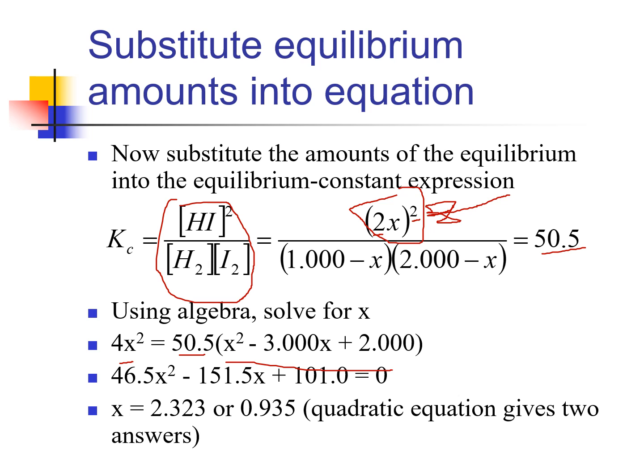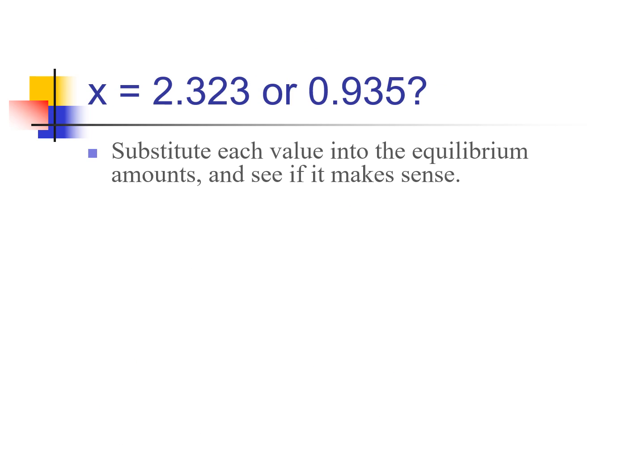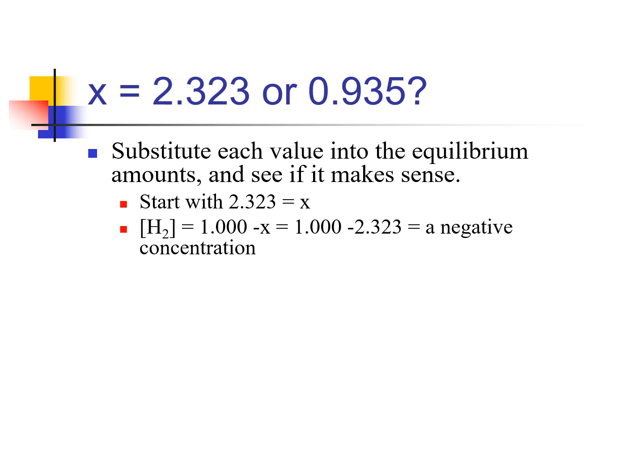Now we have to choose which of those 2 answers. Substitute them into the equilibrium amounts to see if it makes sense. So we know that if we start with the 2.323 as x, remember hydrogen is 1 minus x. Well, if x is 2.323, we'd end up with a negative concentration.